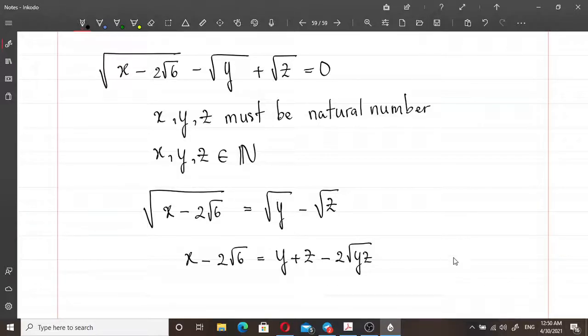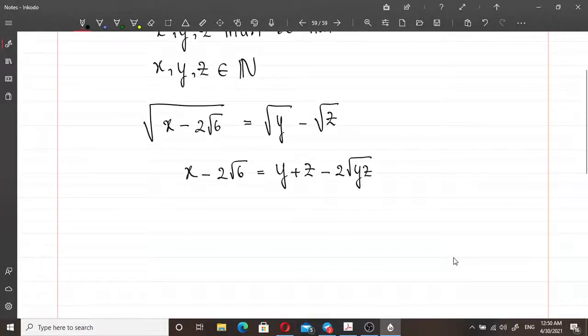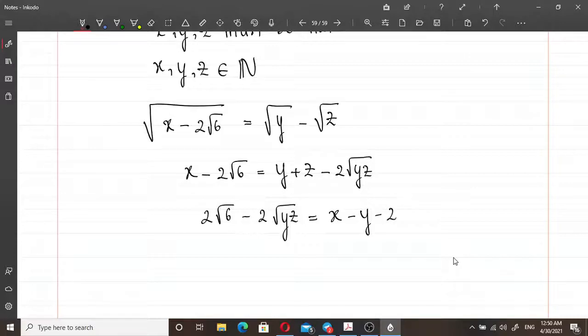So we will get 2 square root of 6 minus 2 square root of y z is equal to x minus y minus z.